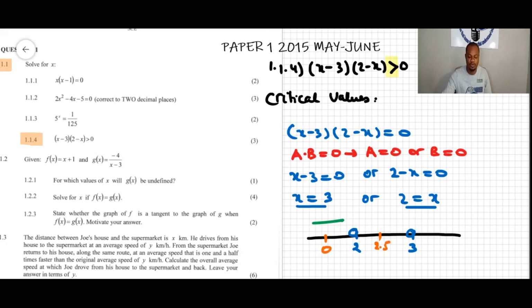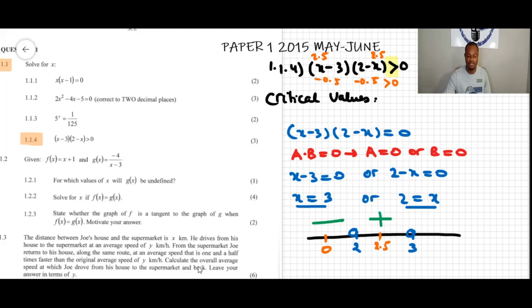I'm going to sub 2.5 for x. 2.5 minus 3 is negative 0.5, and 2 minus 2.5 is also negative 0.5. The product here is more than 0, meaning positive. So in the interval between 2 and 3, the sign is positive.